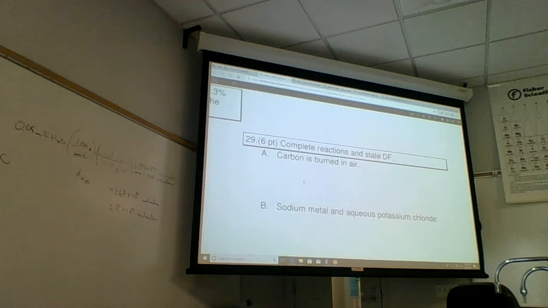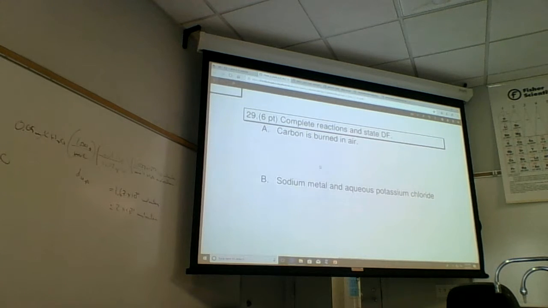If you have a choice, we'll just go with complete combustion of carbon. Complete combustion of carbon will yield CO2, the higher charge. So this is just carbon solid plus O2 gas yields carbon dioxide gas. That's as much as you can burn it. You can't burn it to carbon trioxide. So we leave it there. This would be an element plus element combination reaction. This is the same situation that happened with copper yesterday.